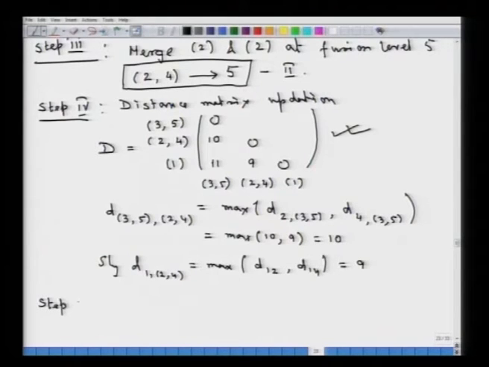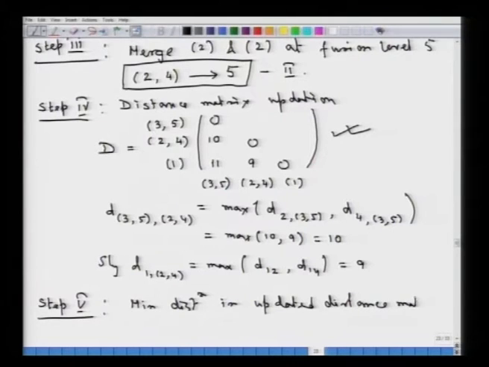Now, the next step, once we have an updated distance matrix, that is step number 5, is to look at this updated distance matrix and find the minimum distance in it.